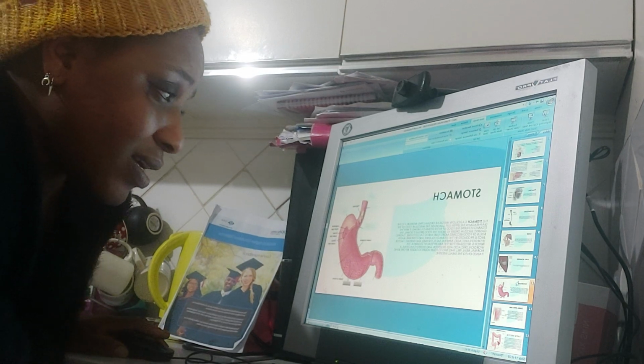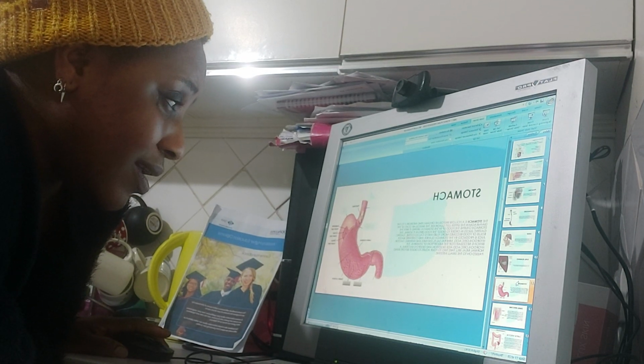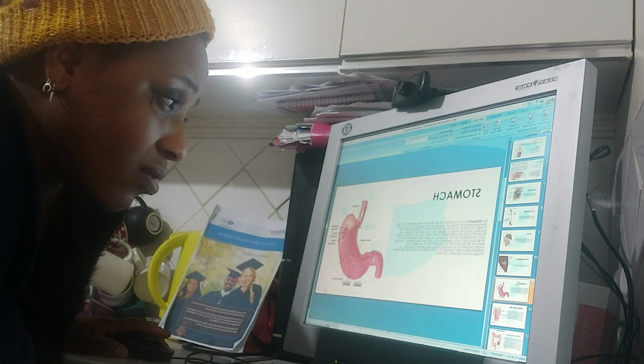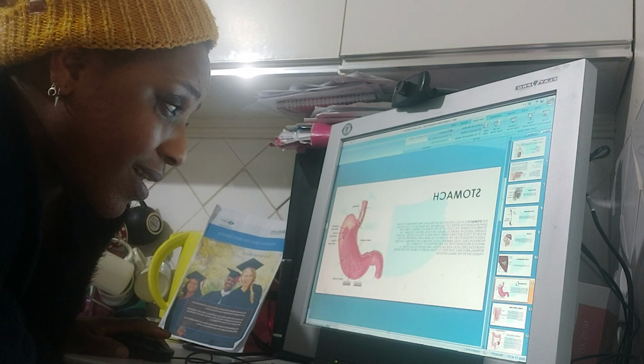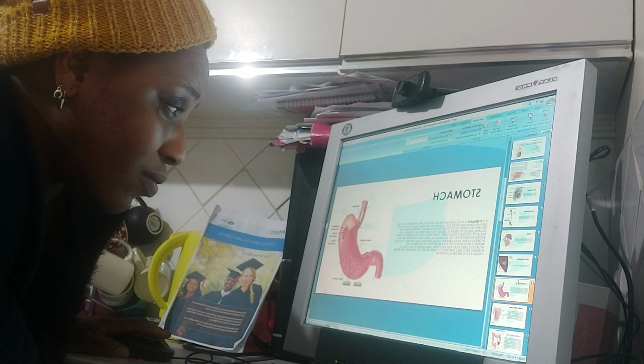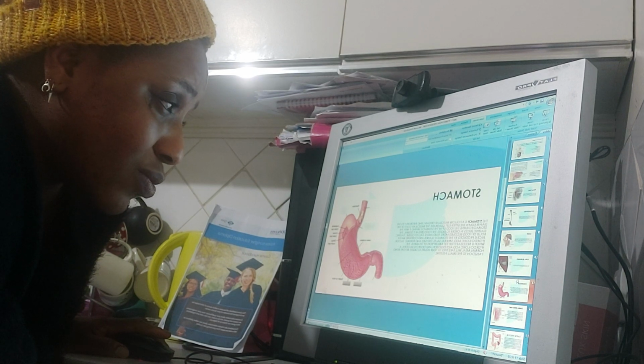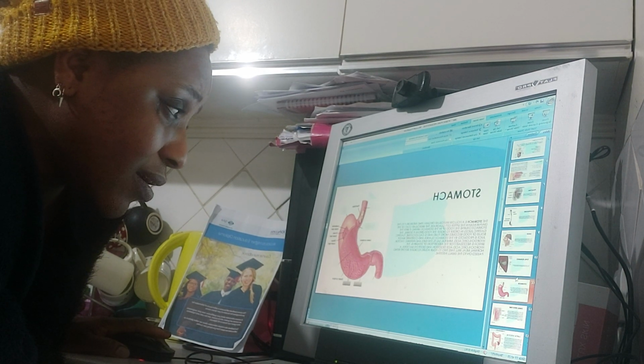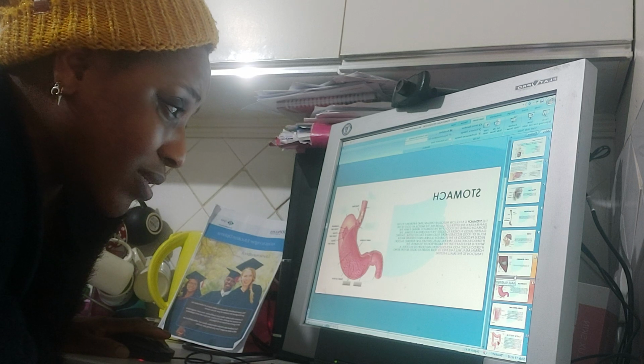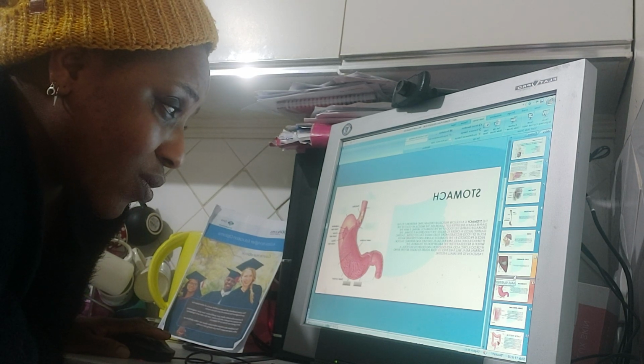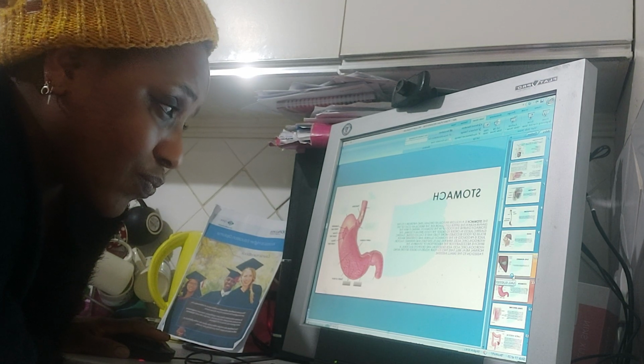Stomach. The stomach is a hollow muscular organ lying inferior to the diaphragm in the upper left quadrant. The muscular coat of the stomach churns the food up, mixing it with the gastric juice in order to digest the food.